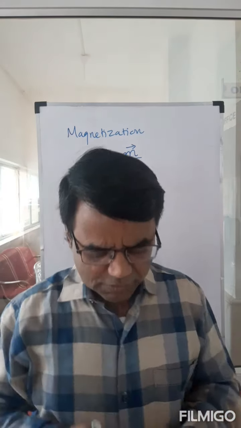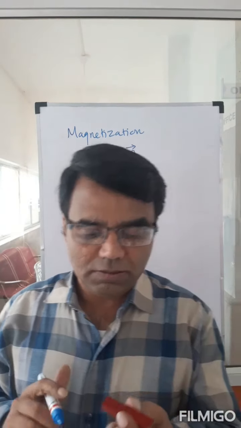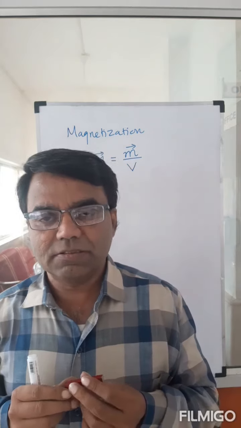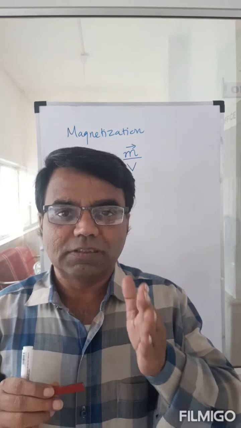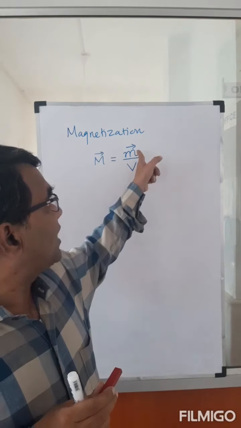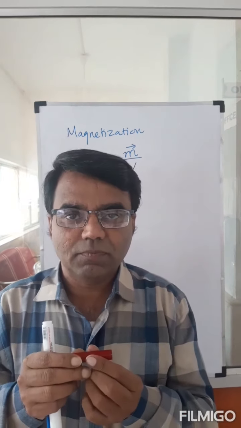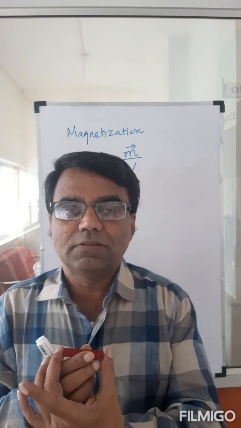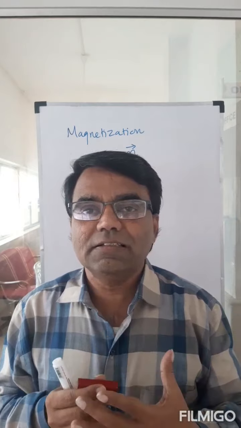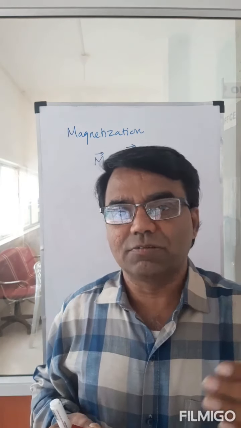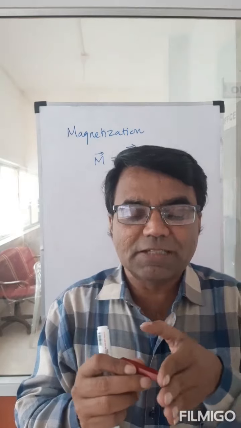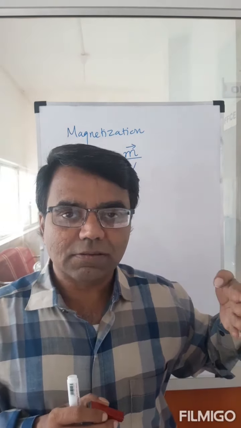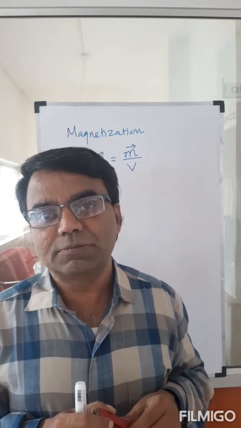If there are two pieces, a small piece and a big piece, and both have the same magnetic dipole moment, then the smaller magnet has the greater magnetization, because for a smaller volume it is able to produce the same magnetic dipole moment.